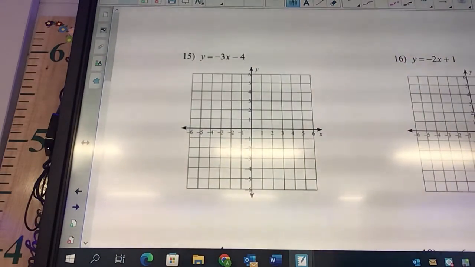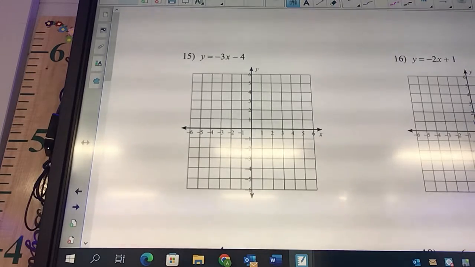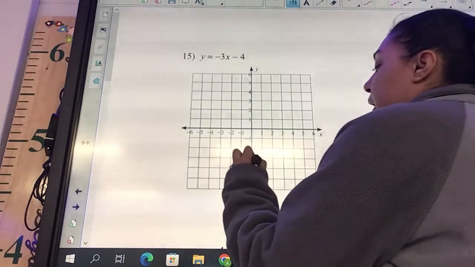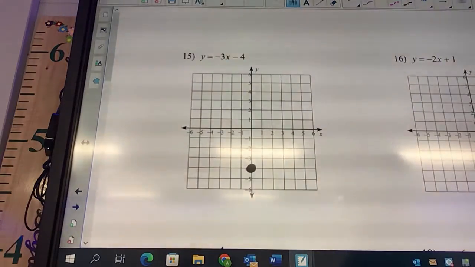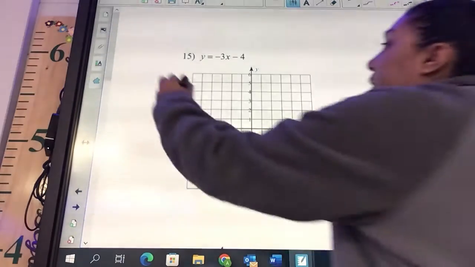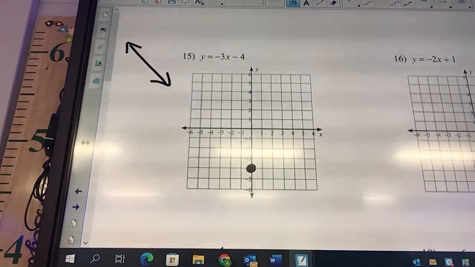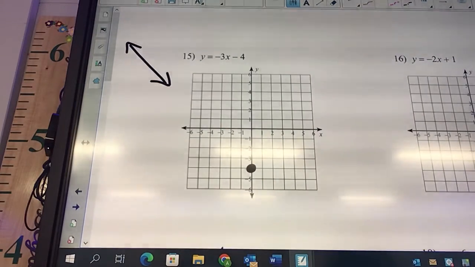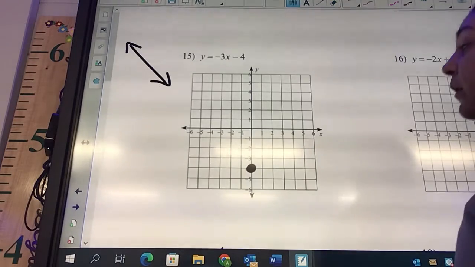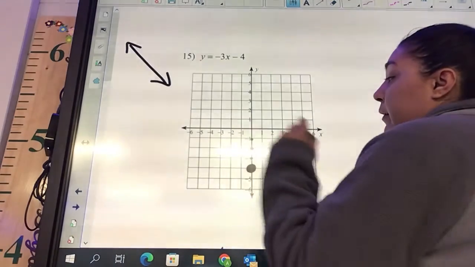15, where does this graph start? -4. Is our slope positive or negative? Negative. Okay, so our line should be going like that. Okay, we rise 3. How much do we run? 1. Which way? To the left.